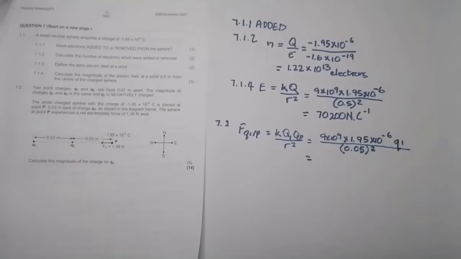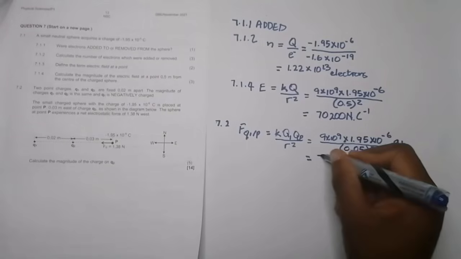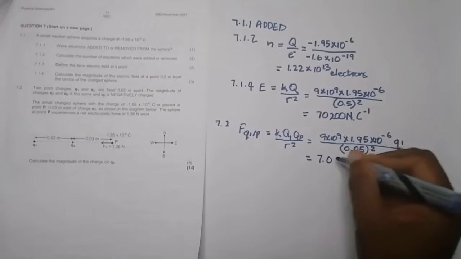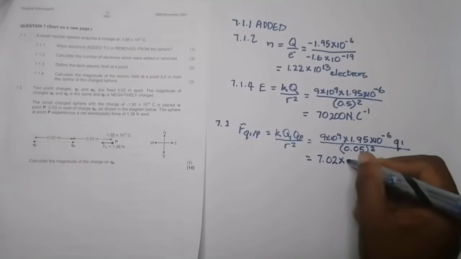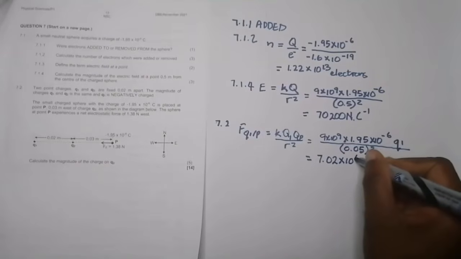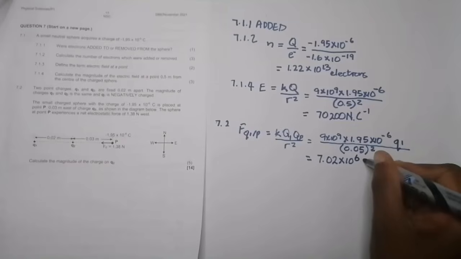If we wanted to find that force, let's just find the product there. I get a huge answer, 7,020,000, so I'm just going to express it in scientific form: 7.02 times 10 to the power 6, multiplied by Q1.